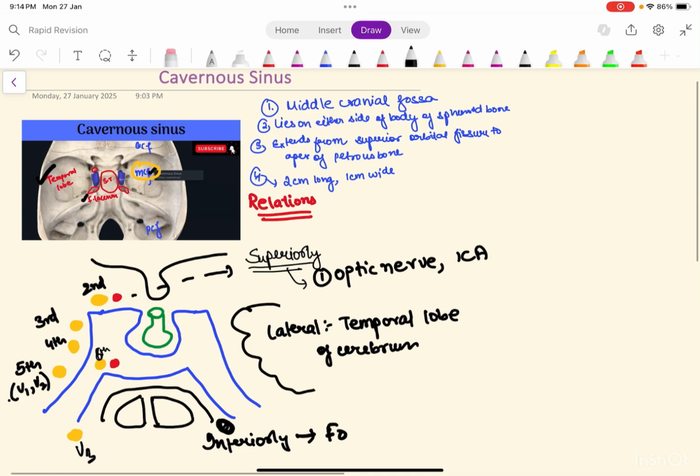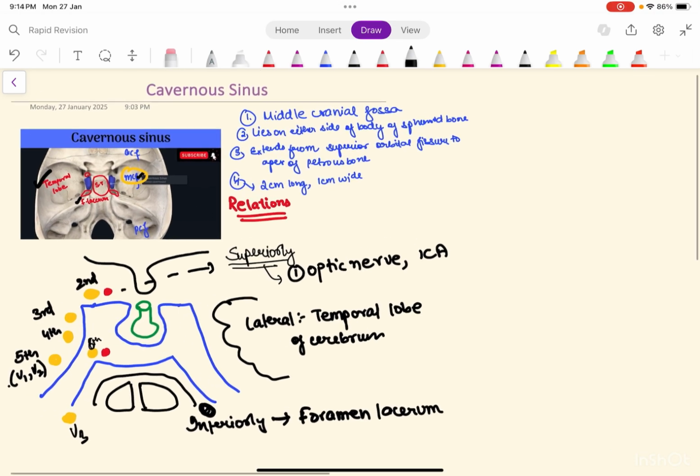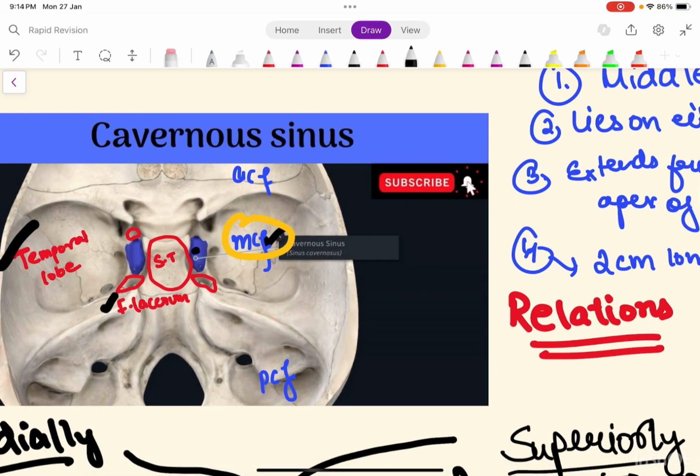Then medially, most important. Medially there's no space. Medially you have the cavernous sinus.